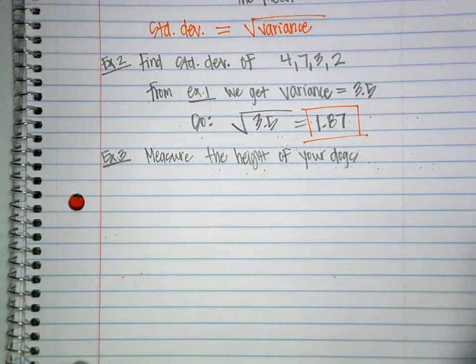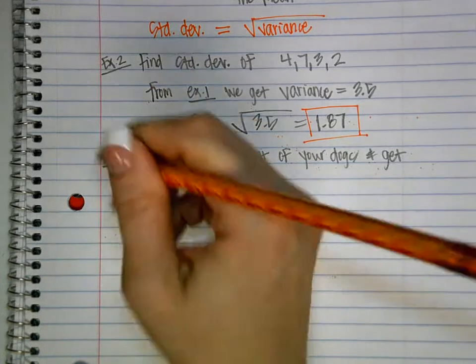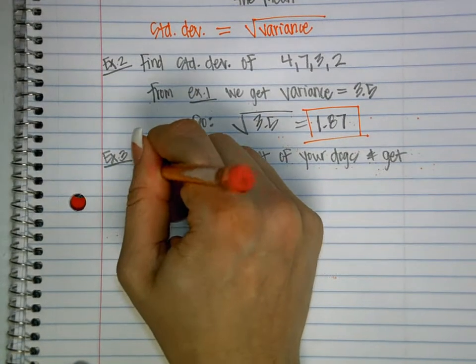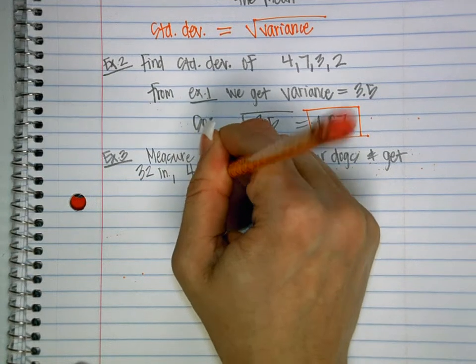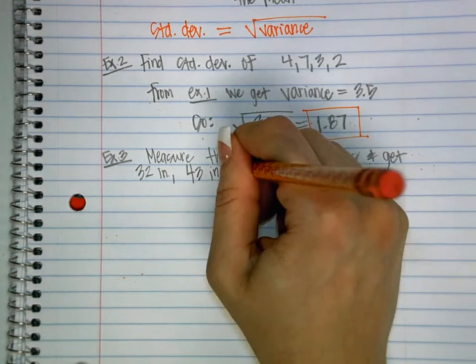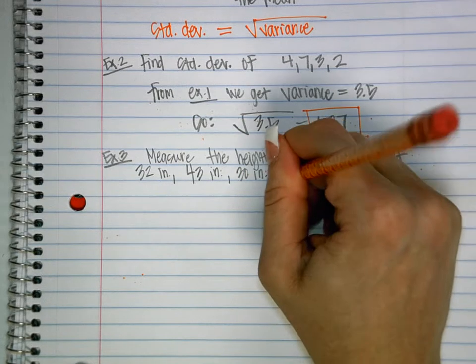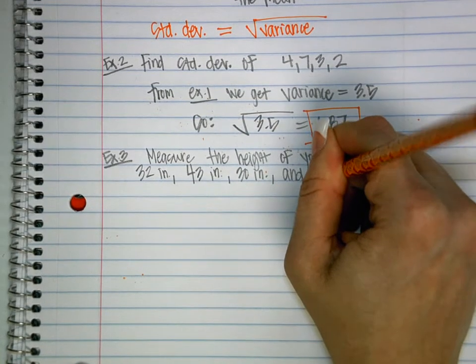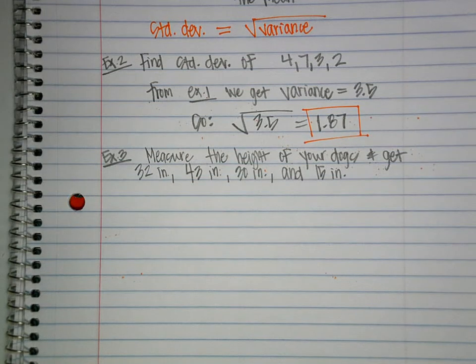If you measure the height of your dogs and get that your dogs are 32 inches tall, 43 inches, which is a very tall dog, 30 inches, and 15 inches.